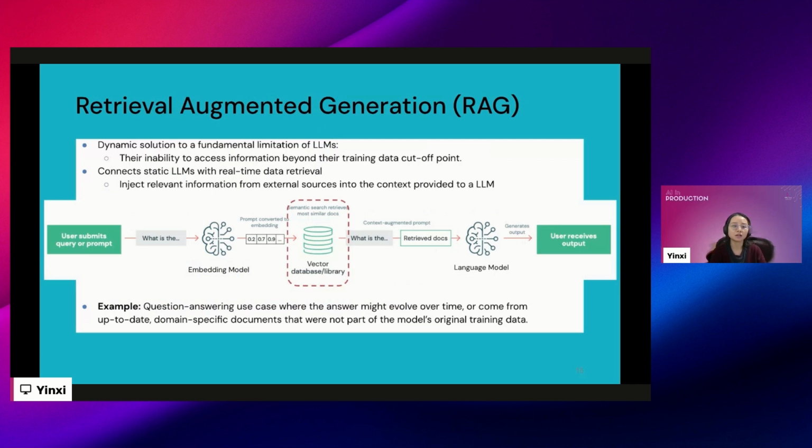The other limitation of foundation models is that they are trained on historical data, a snapshot before a cutoff. Same thing: if your data is constantly evolving, providing that new information as context to the LLM definitely helps.